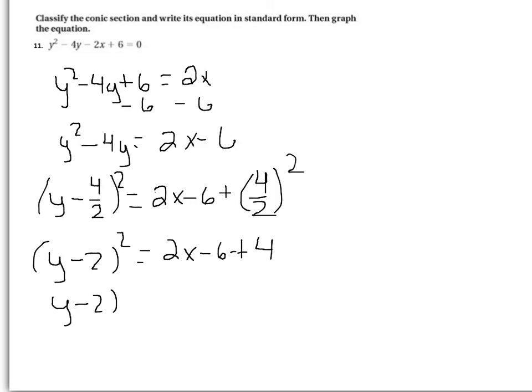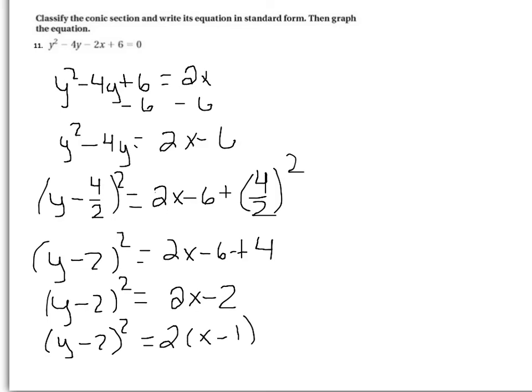So (y minus 2) squared equals 2x minus 2. Now this is what we have to remember to do here for standard form. Factor out that 2. And I'll leave that up to you to graph tonight. I'll see you guys tomorrow.